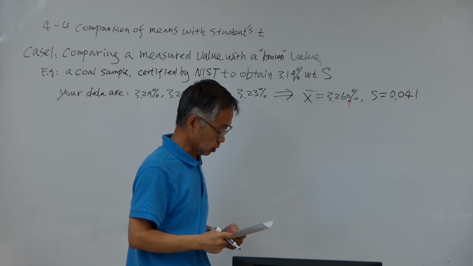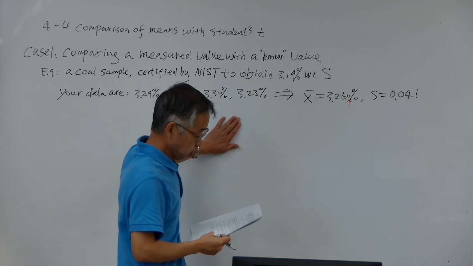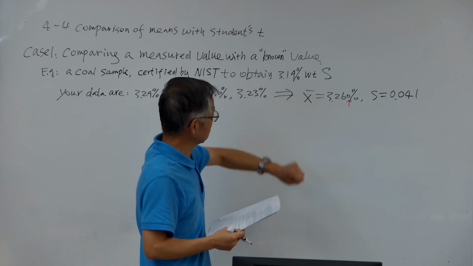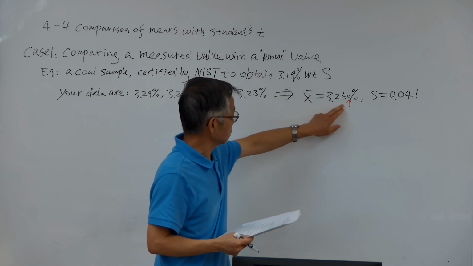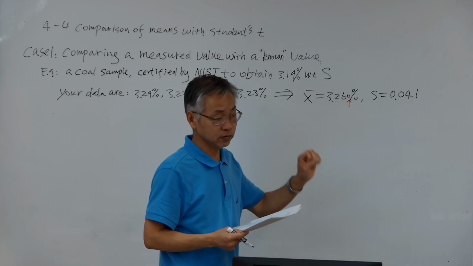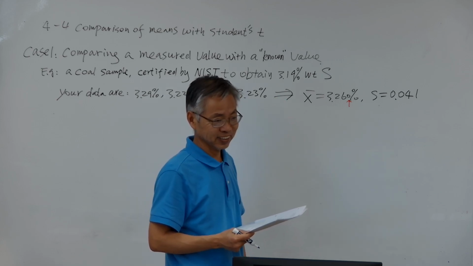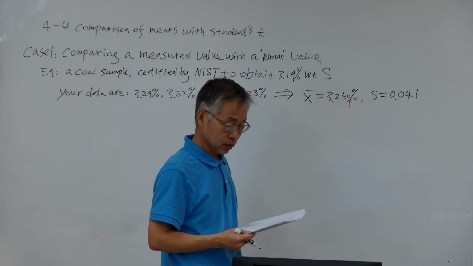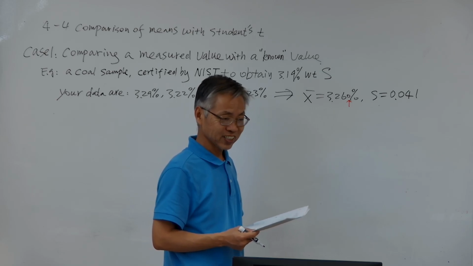Now the question is, does your result agree with the known value 3.19? Your average is 3.26. Clearly not the same. As I said, you never expect it to be exactly the same. This means within a reasonable range.